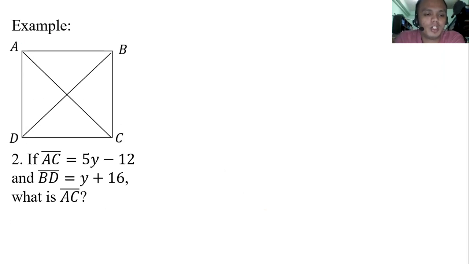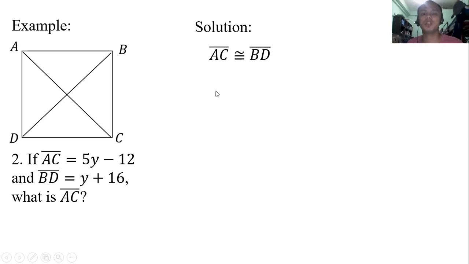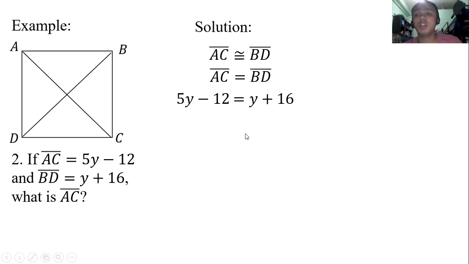Okay, ito medyo in-upgrade natin yung problem. Given the figure above, if AC is 5y minus 12 and BD is y plus 16, what is AC? Following the property of a square, the diagonals are congruent and they are equal. Substitute: we have 5y minus 12 equal to y plus 16. Para mahanap natin yung length ni AC, ang unang hahanapin natin is yung value ni y.